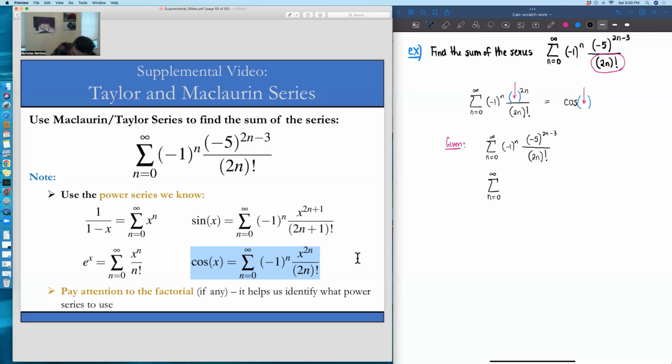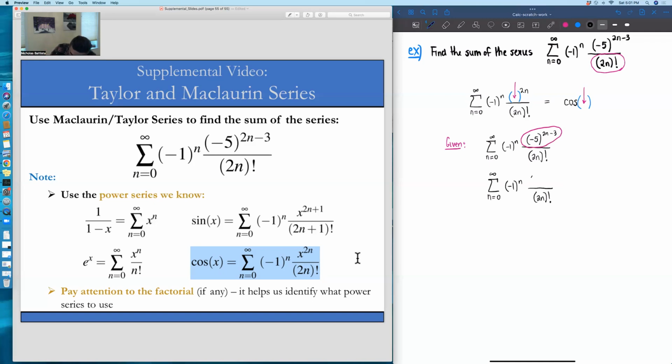So we have the series n equals 0 to infinity, (-1)^n, with (2n)! in the denominator. What we're going to do with that term in the numerator is break it apart into two separate factors.